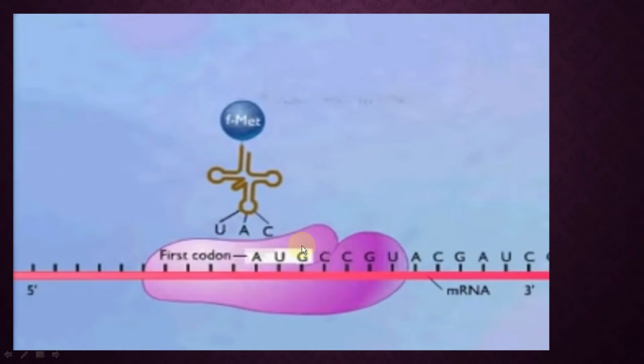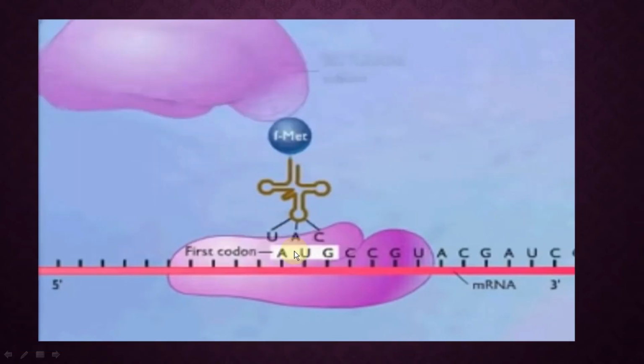It is visible to you here. This 5' end is the start end, and this AUG is the first codon, the start codon. As soon as mRNA enters, the smaller unit of the ribosome attaches to the first codon, and the tRNA containing the anticodon comes and forms bonding with the first codon.